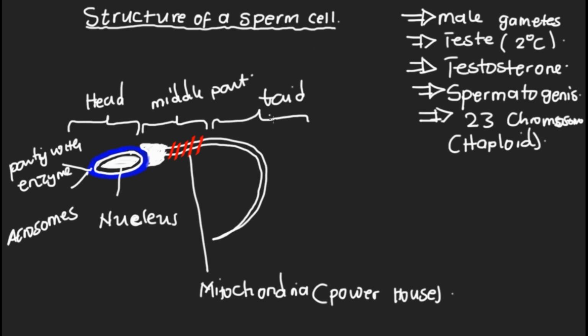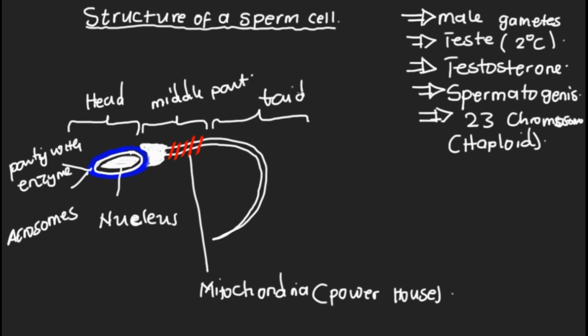This cell has the ability to move in the reproductive system of a female. During fertilization, for this cell to meet with the female egg, it has to undergo certain challenges. So for the cell to successfully meet with the female egg, it requires a lot of energy.